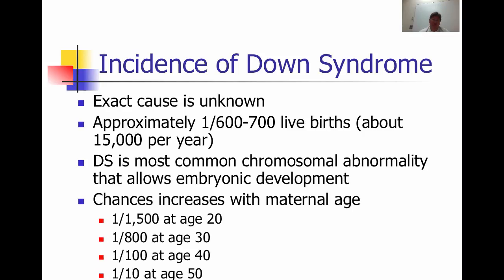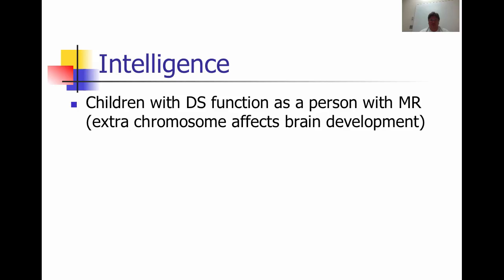And we know that the chances of having a Down syndrome child increase with maternal age. As you can see, at the age of 20, it's 1 in 1,500, which increases up to the age of 50, where it's 1 in 10. So with age, the chances of having a child with Down syndrome definitely increase exponentially.